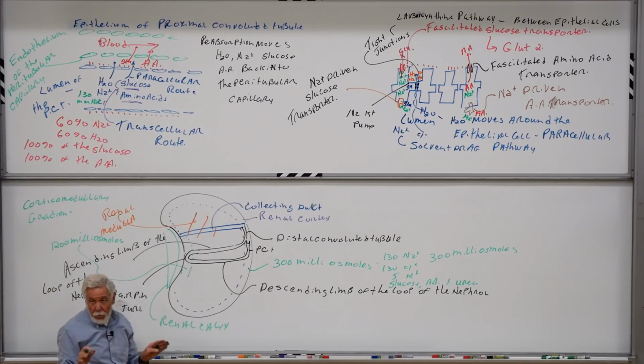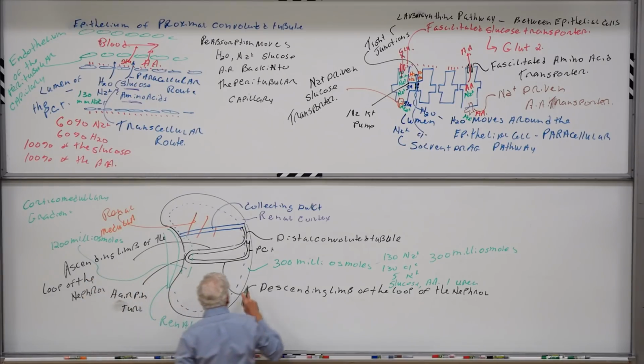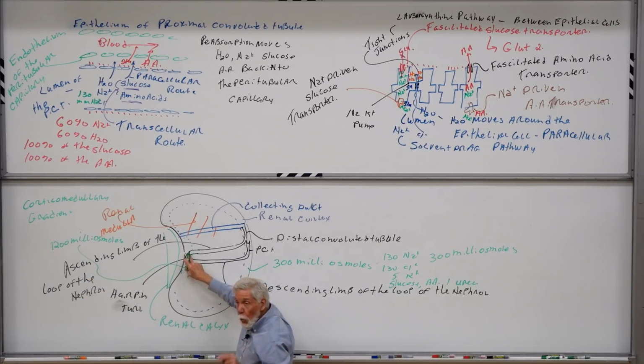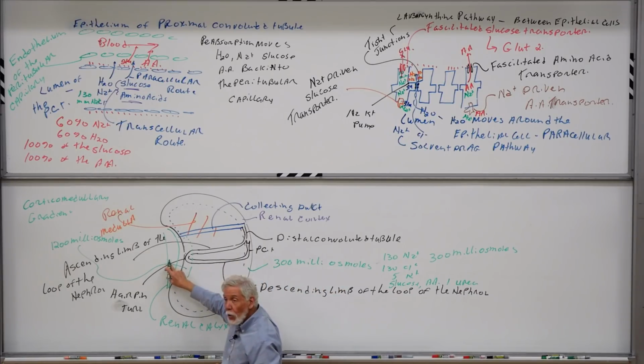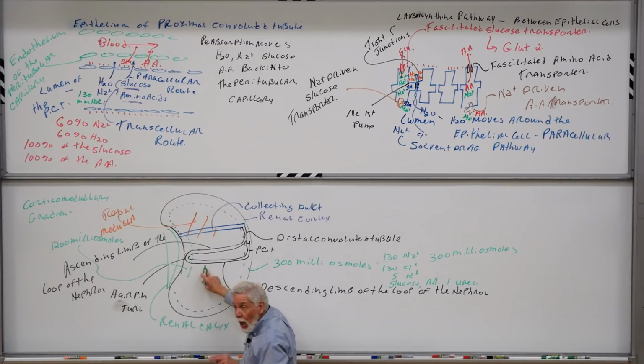Now, those are numbers, but just recognize that there are almost 4 times as many ions and small molecules down here deep in the medulla as there are up here in the cortex. And this generates a corticomedullary gradient, so that as we dive deeper and deeper into the medulla, the concentration of ions and small molecules gets higher and higher and higher.